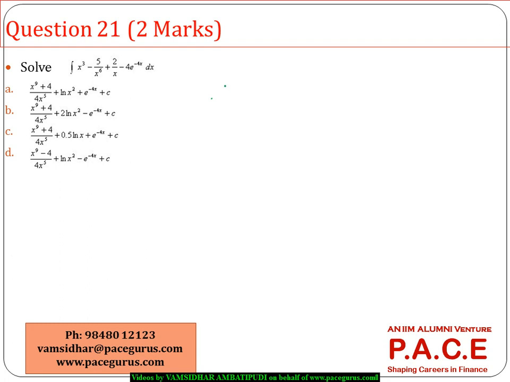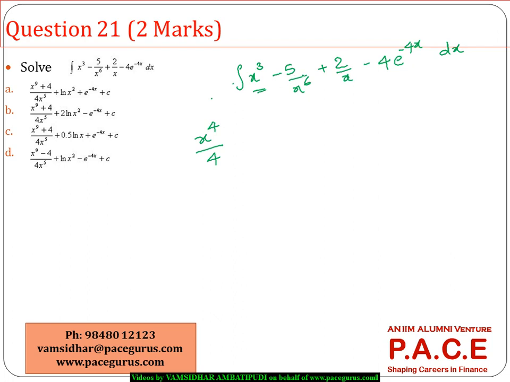Integral of x cube minus 5 by x power 6 plus 2 by x minus 4 e power minus 4x dx. Now each one, it's better that you integrate it separately. This is of the form x power n, so x power n plus 1 by n plus 1.